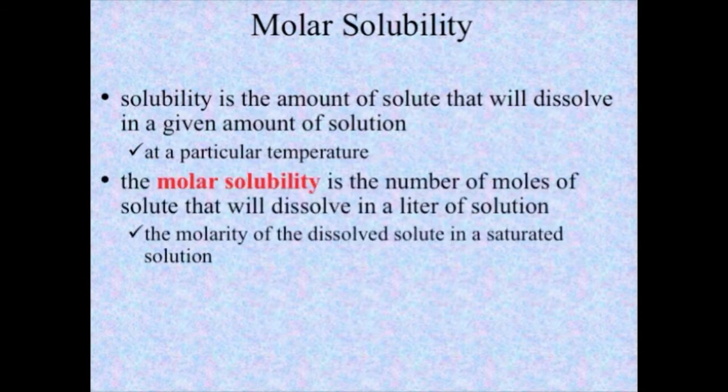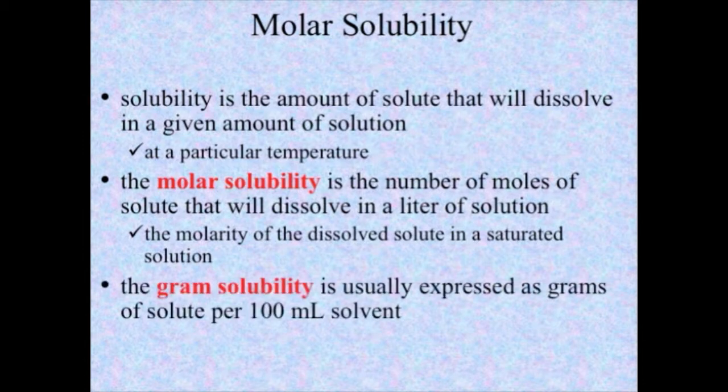The molar solubility is the number of moles of solute that will dissolve in a liter of solution, the molarity of the dissolved solute in a saturated solution. The gram solubility is usually expressed as grams of solute per 100 milliliters of solvent.